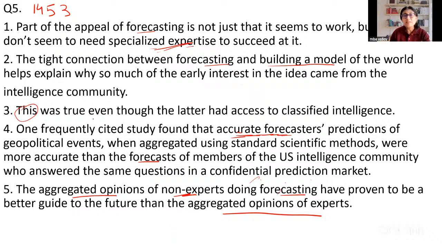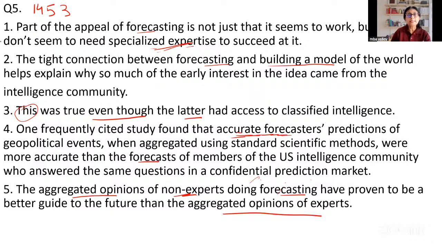Look at the words: even though the latter had access to classified information. Accurate forecasters had classified information, and still what happened? They made better forecasts. And then after that comes, contrary to this, sentence number 2.